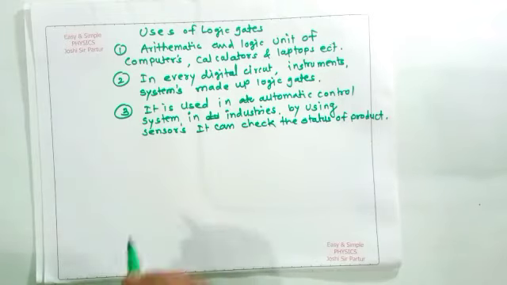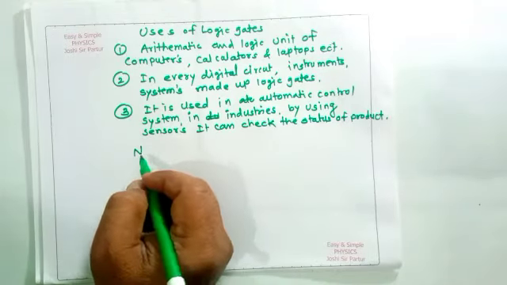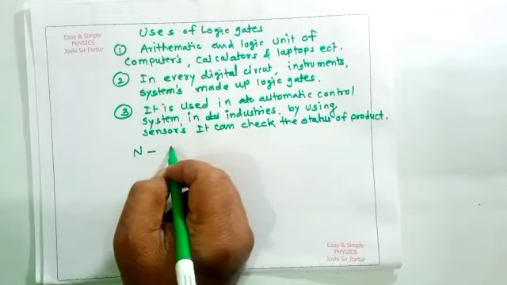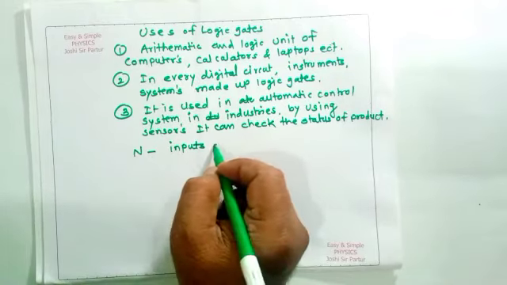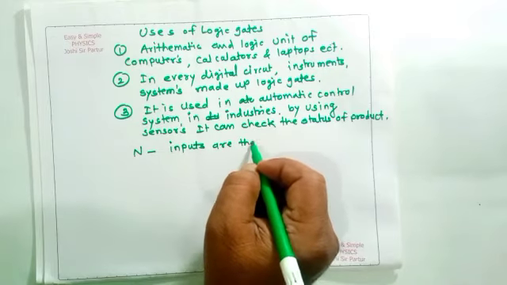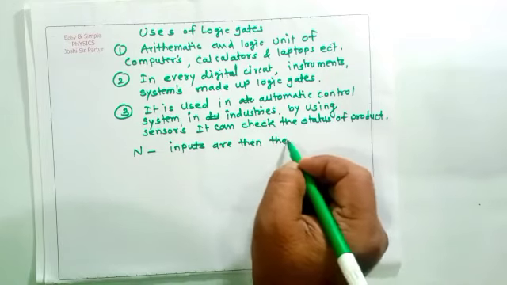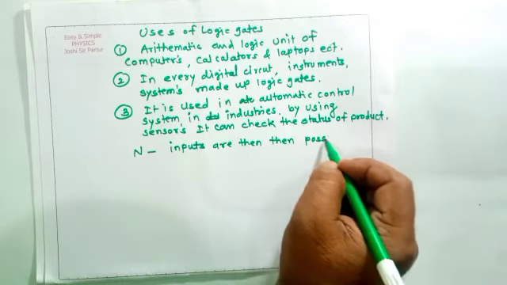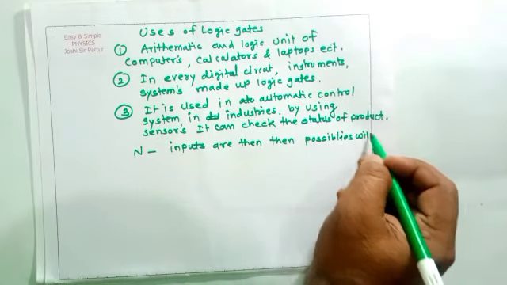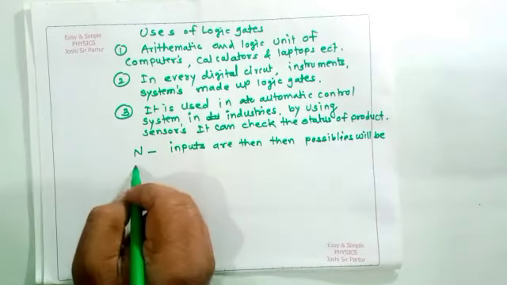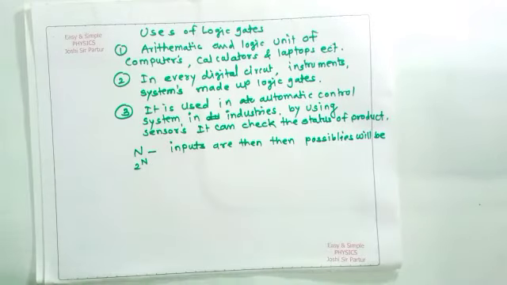Using the two values, if n is the number of inputs, then two raised to n possibilities are there.